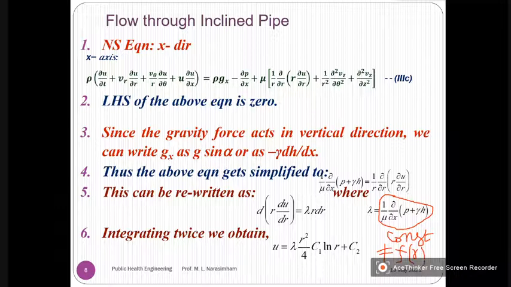This is more important. So I am designating it as lambda, only for the convenience of writing. So this is our short form of the Navier-Stokes equation in x direction.